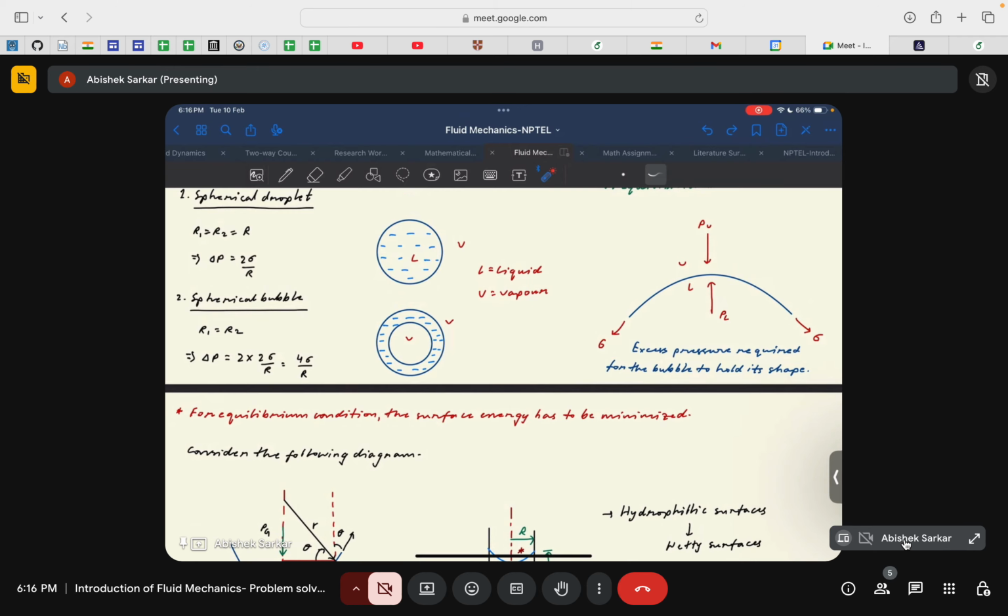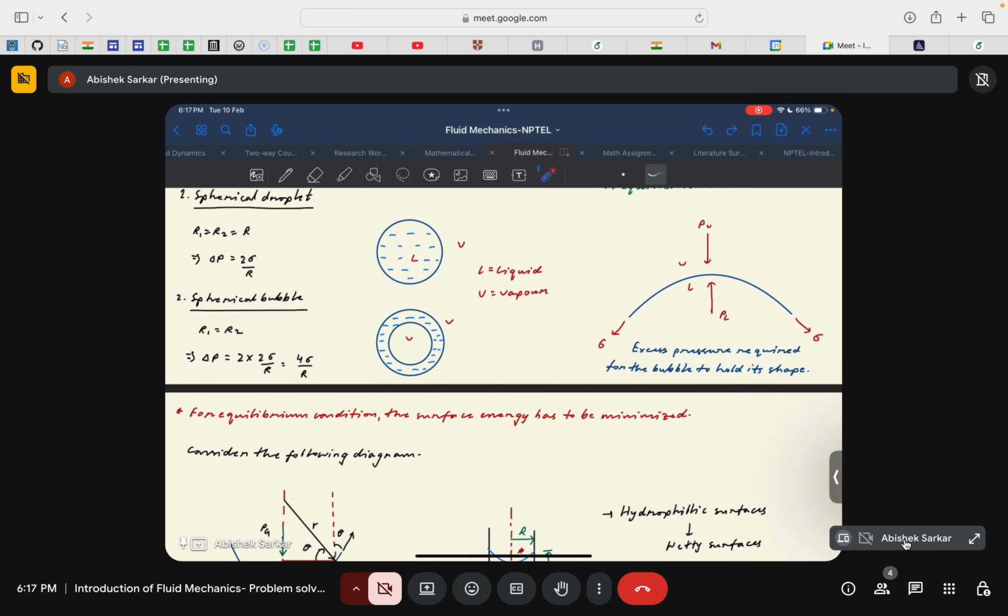So this is what I wanted to explain here, the concept of excess pressure. I think I've already done it, so we can skip this part. If you want, we can discuss it again. Basically, the surface tension forces will tend to pull the surface of the bubble or the droplet in a particular direction, trying to get a shape that, for a particular surface area, has the smallest volume... rather, the smallest surface area for a given volume, and that is a sphere in this case.